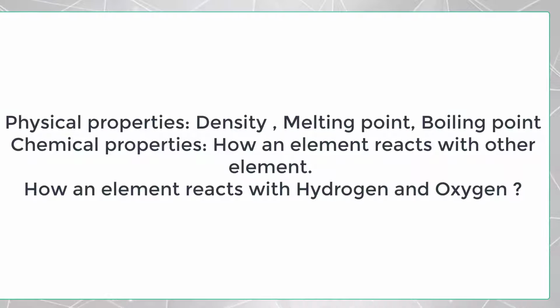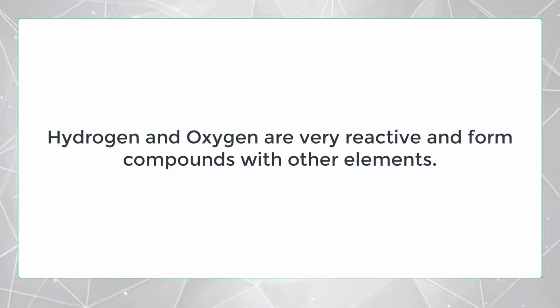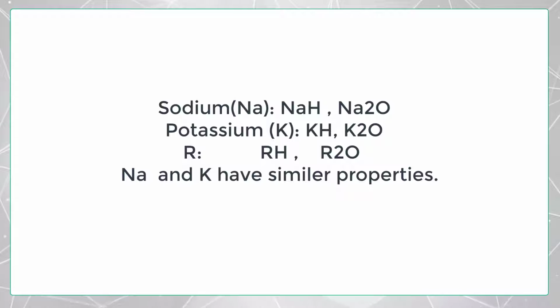To look at this in a systematic way, Mendeleev looked at how an element reacts with hydrogen and oxygen. He chose hydrogen and oxygen since they are very reactive and form compounds with other elements. Now let's understand this with a couple of examples. Let's take the example of sodium. The compounds formed with hydrogen and oxygen are sodium hydride, NaH, and sodium oxide, Na2O.